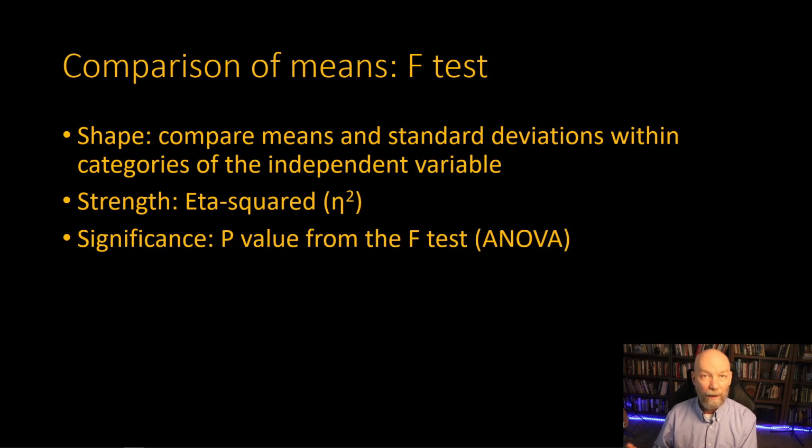We'd make a lot of error guessing each student's GPA. If knowing they're male or female helps us, using the mean for men and the mean for women, to get closer guesses and make less error, that's what eta squared literally tells us about. It tells us the proportion of the variation we now can explain because we know the independent values for the cases. And then we use a p-value from an F-test, which we'll see in the examples that we do.